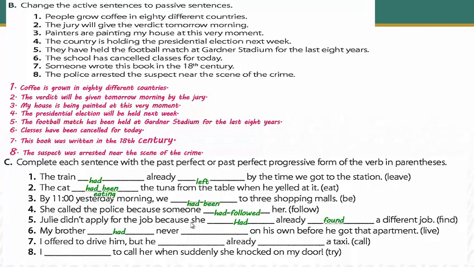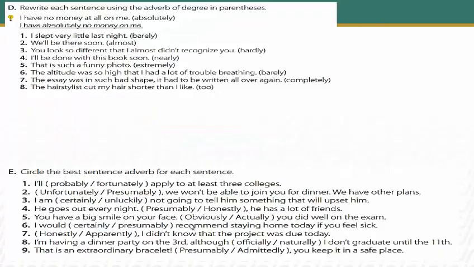My brother had never lived on his own before he got that apartment. I offered to drive him, but he had already called a taxi. Okay. Now let's move to another exercise, exercise B, exercise D rather.